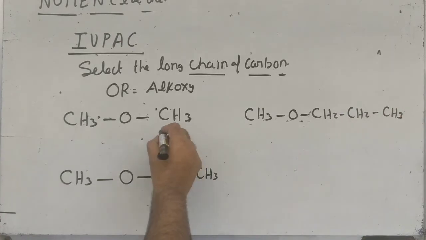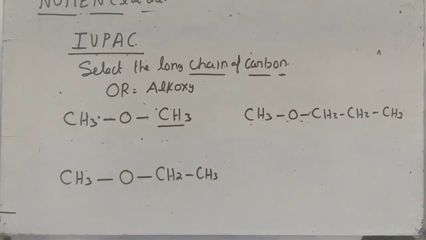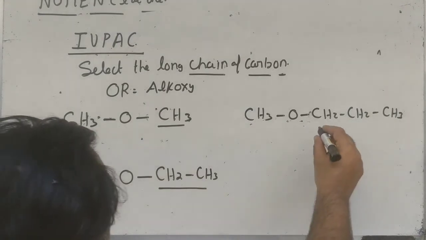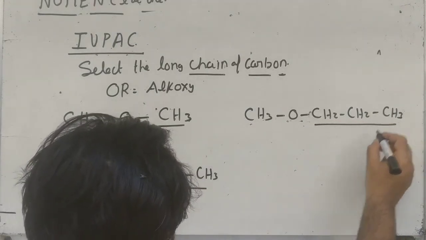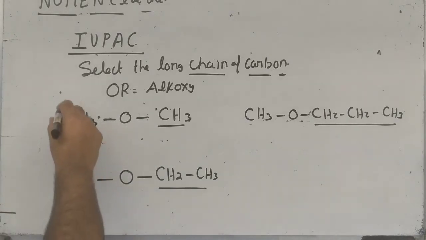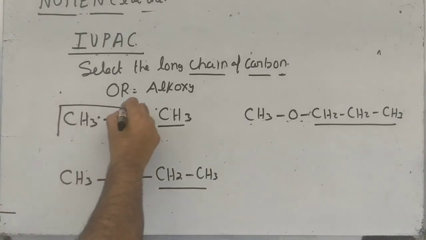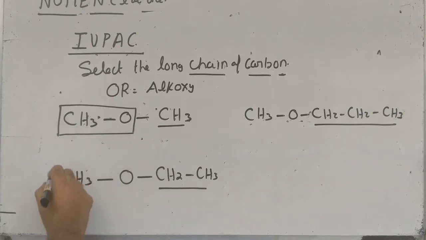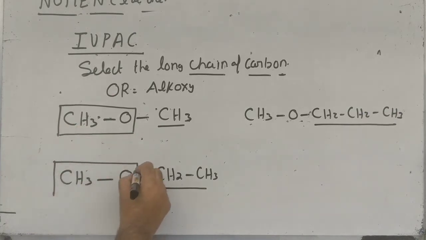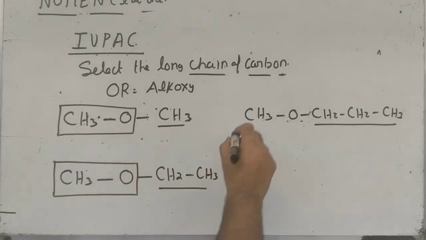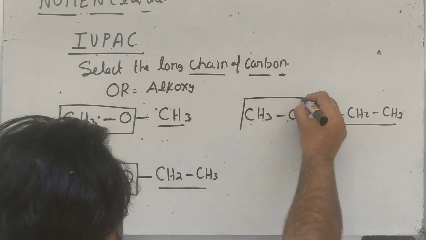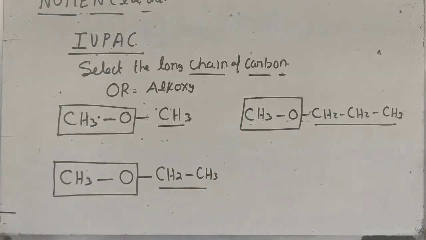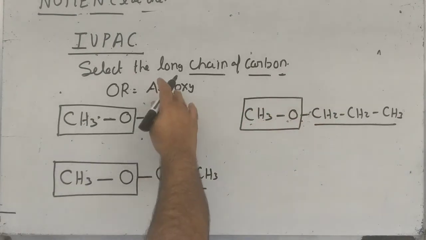In this case, the long chain of carbon atoms is the one with one carbon. This is a long chain with two carbons. This is a long chain with three carbons. This will be called methoxy. This will be again called methoxy. This will be again called methoxy. The IUPAC name of the ether is alkoxy alkane.